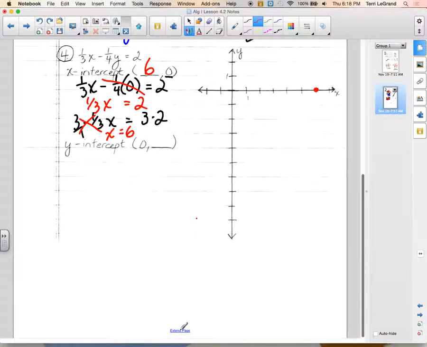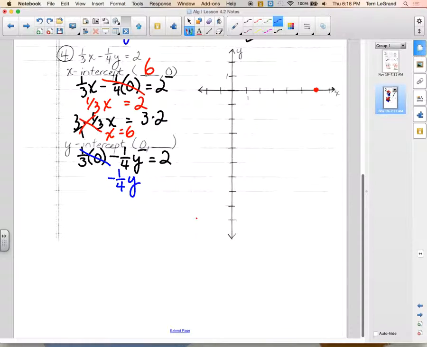Okay, so for our y-intercept, again, remember the x value is 0, so we have 1/3 times 0 take away 1/4 y equals 2. So that can be canceled out. We have negative 1/4 y.